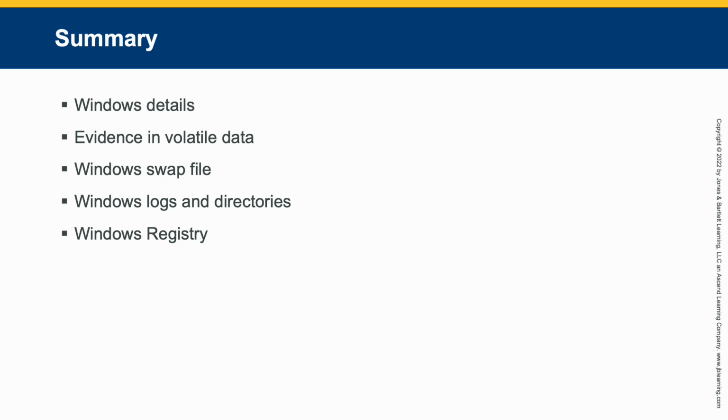Analyzing unallocated space, slack spaces, and alternate data streams, or ADS, is crucial in digital forensics, as these can contain valuable evidence that may not be readily apparent through standard file system analysis. By recovering deleted files, examining residual data, and uncovering hidden data streams, forensic investigators can gain a more comprehensive understanding of past activities on a system.